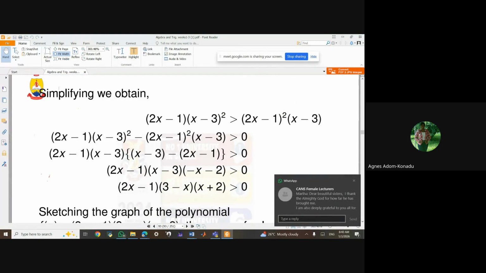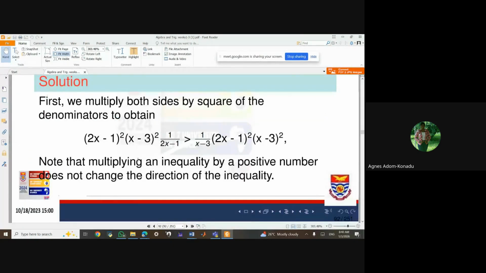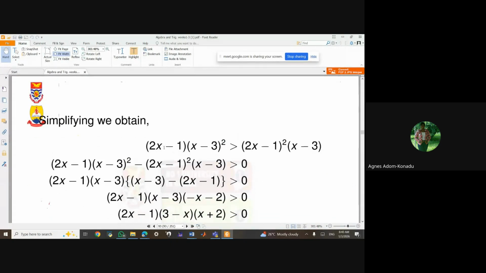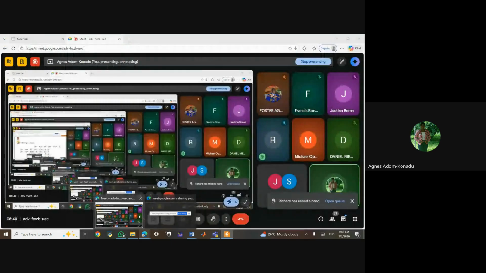So when we multiply through by this, as I said, this will cancel one of the x minus 2 squared. So I'm going to get 2x minus 1, x minus 3.